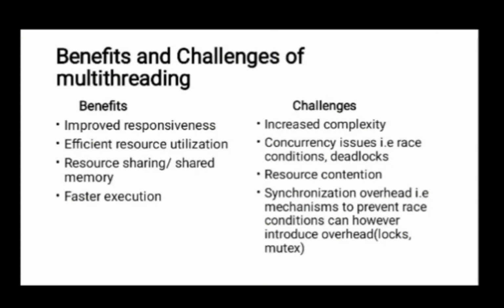So there is also resource sharing. Since the threads are within the same process or the same core, the same CPU, they share. But I already told you they share a memory. So this sharing facilitates the efficient communication and the data sharing within that process.